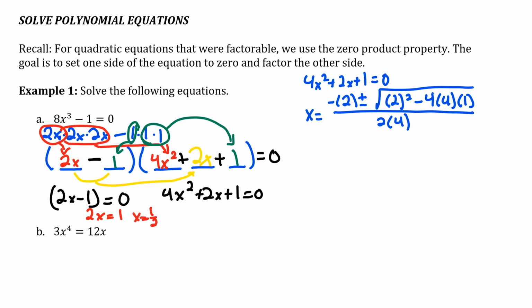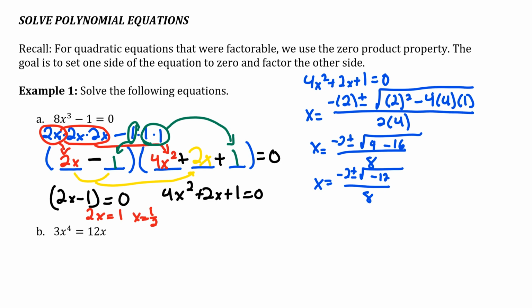So notice all I've done so far is just plugged in numbers, watching my signs, things of that nature. So I'm going to get x is equal to negative 2 plus or minus the square root of 2 squared is 4, minus 4 times 4 times 1 is 16, all over 2 times 4 is 8. So I get x is equal to negative 2 plus or minus the square root of negative 12 over 8.